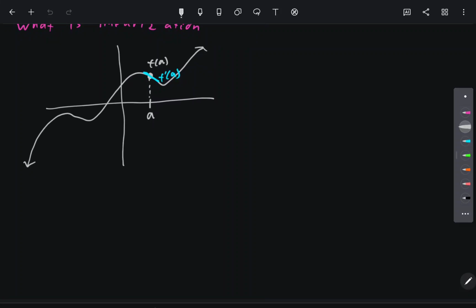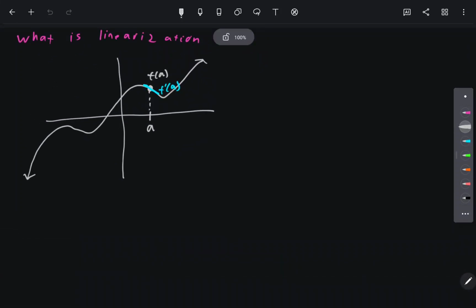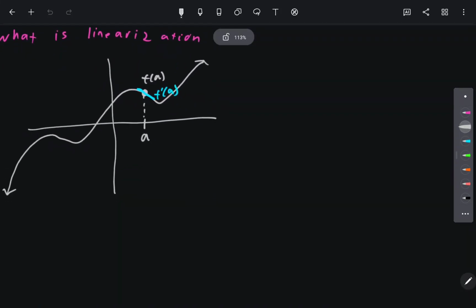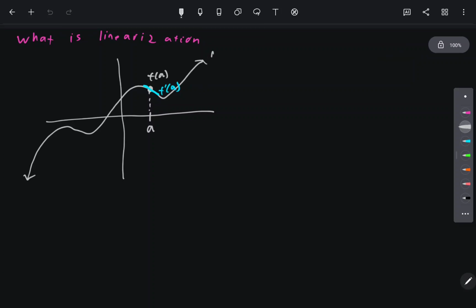So I have a few important coordinates here marked out on the graph of f of x. If we want to approximate a point, let's say this point B, how do we do that?